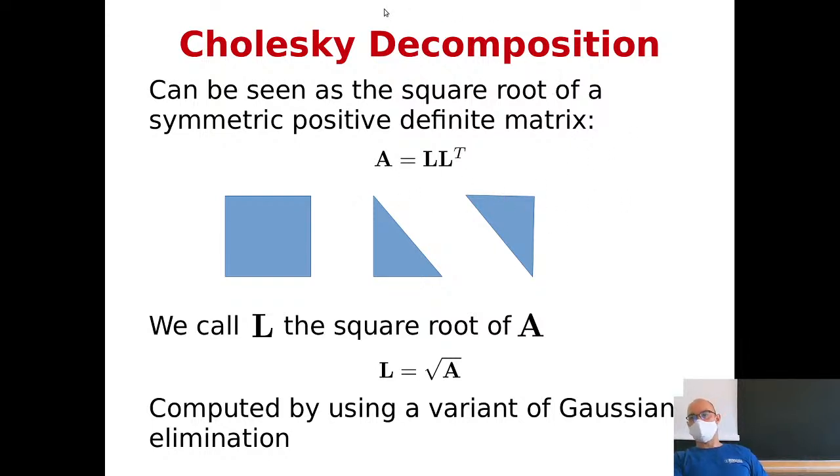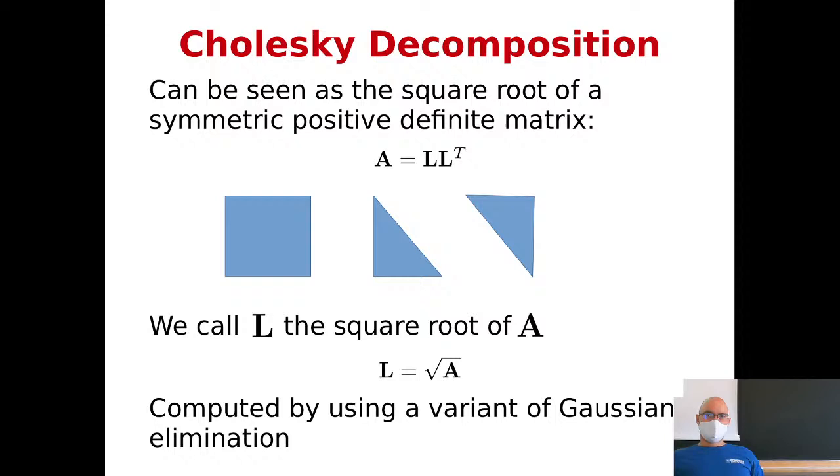So the Cholesky decomposition of a matrix A is a lower triangular matrix L that, if multiplied by its transpose, returns my original matrix A that I want to decompose.